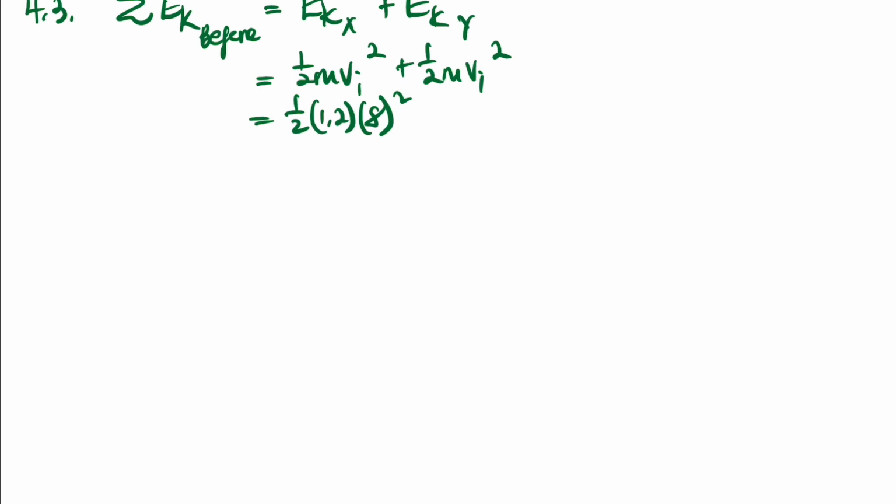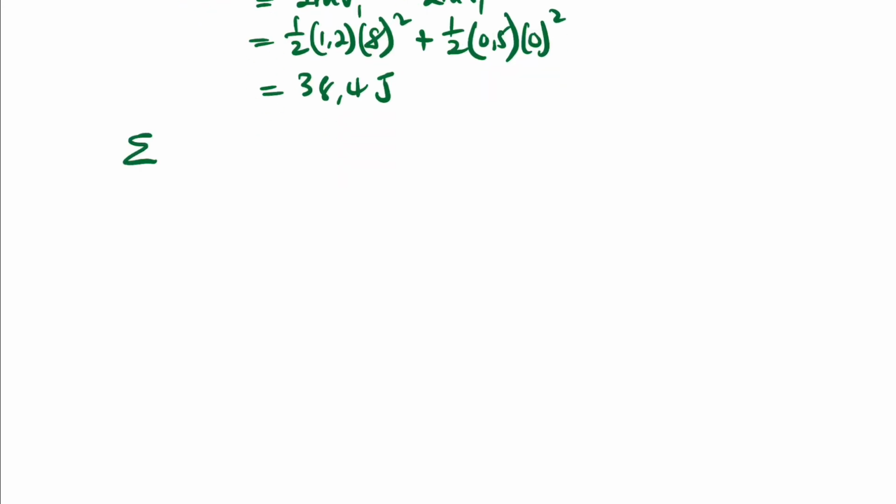And we add for trolley Y, its mass is 0.5 and its initial velocity is 0, so its kinetic energy before is going to be 0. When you punch that in the calculator, you will get 38.4 joules. That's the total kinetic energy before.